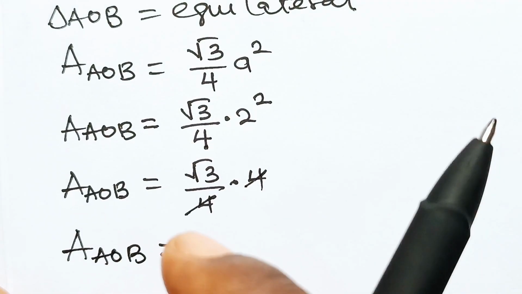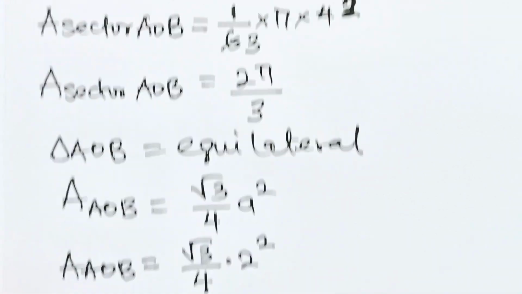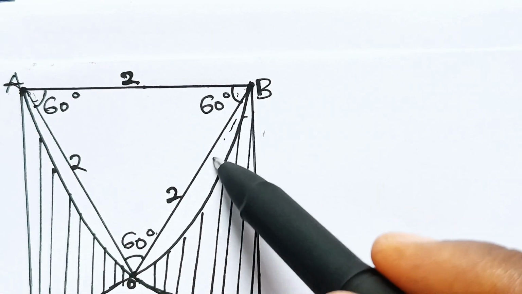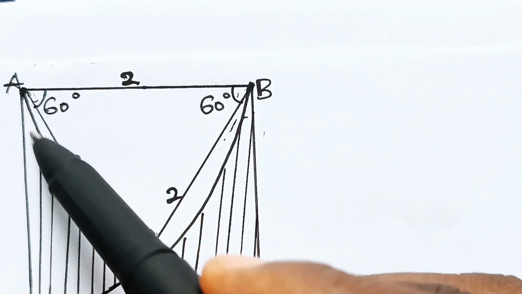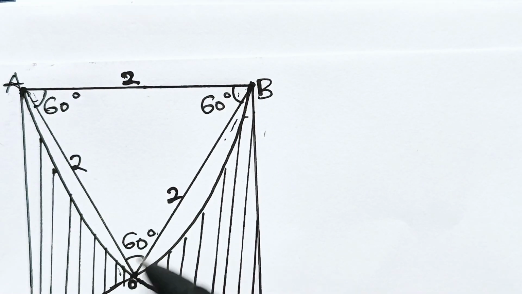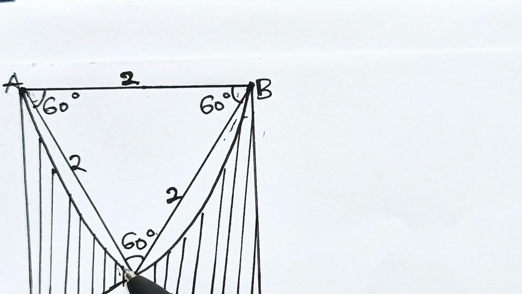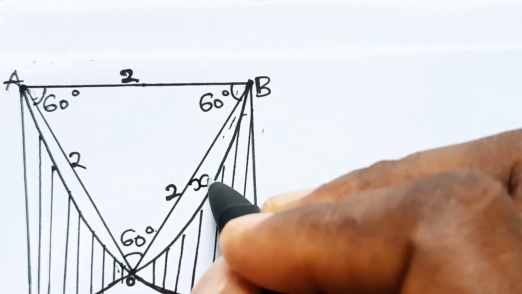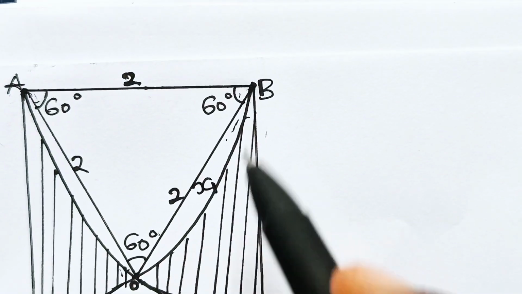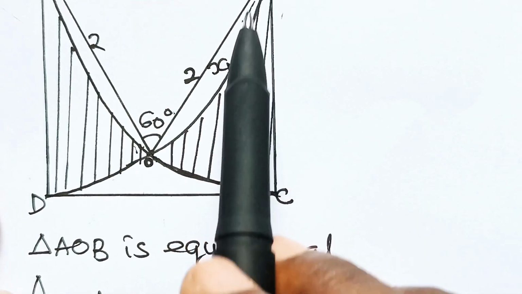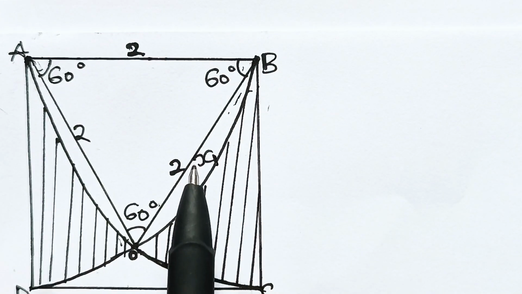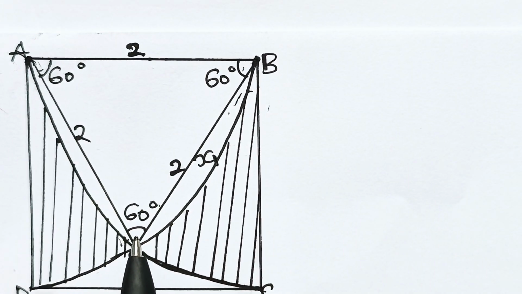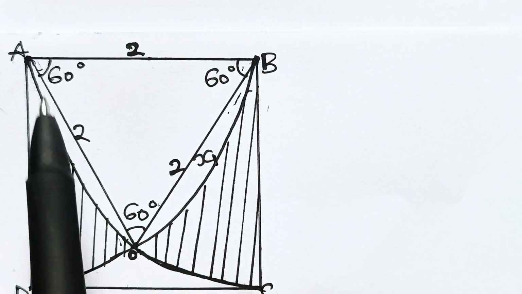Now, at this point, I want us to look at this place. Notice that we have a portion here in between the sector and the triangle. Now let's call this x1. To get the value of x1, I will subtract the area of this particular triangle from the area of this sector.